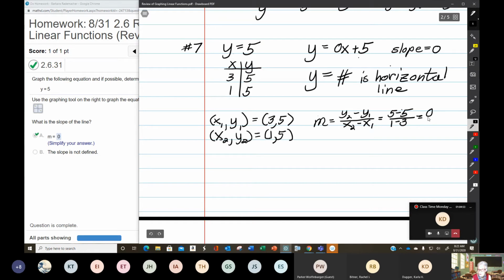So you're going to have 0 over -2. And if you pull out your trusty calculator and say 0 divided by -2, you'll just get 0. 0 divided by a non-zero number is just 0. So you can calculate the slope, and if you get a 0, you'll know it's a horizontal line. Or you can just memorize that horizontal lines have a 0 slope.